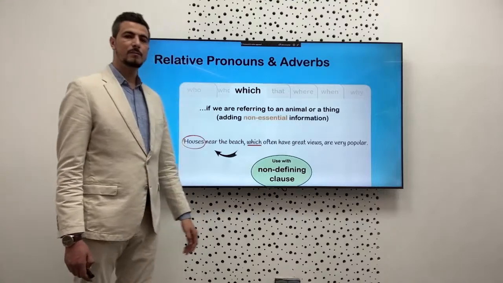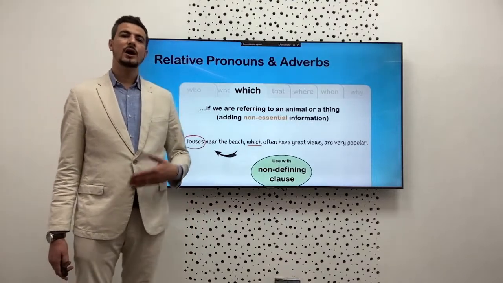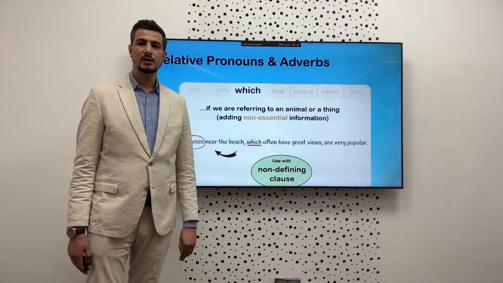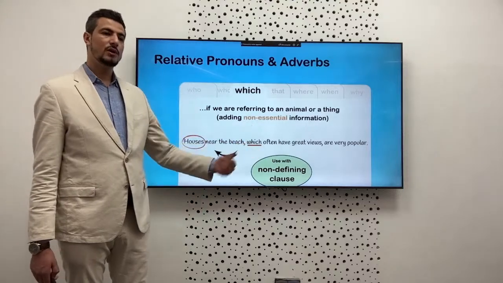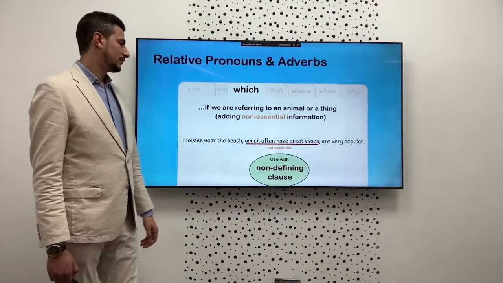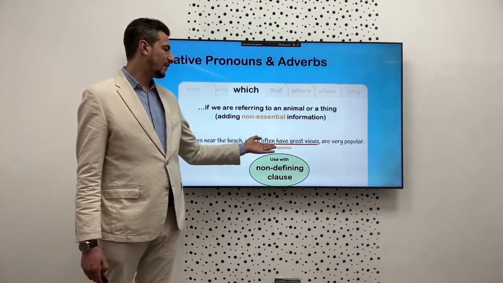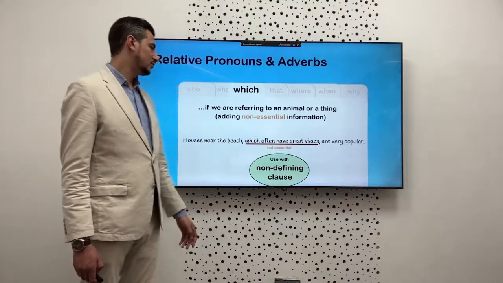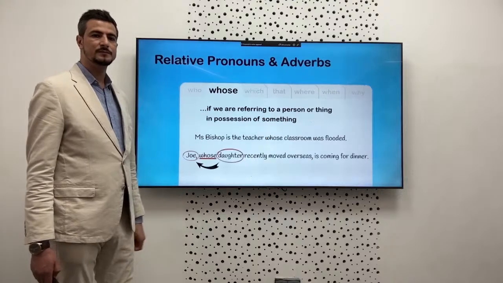Or you can see, for example, the book which I gave you yesterday, the pencil which you had earlier. Okay, so in this example, the clause is which often have great views, which refers to these houses.